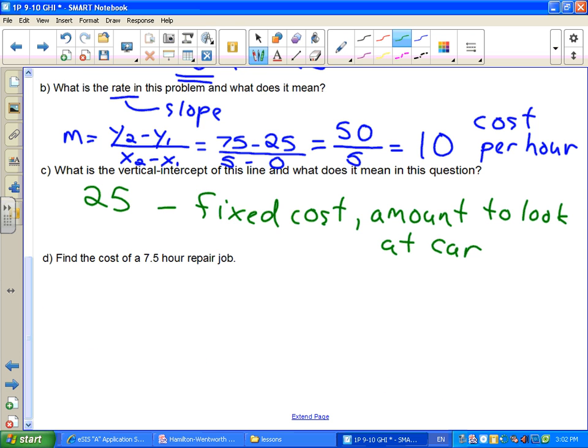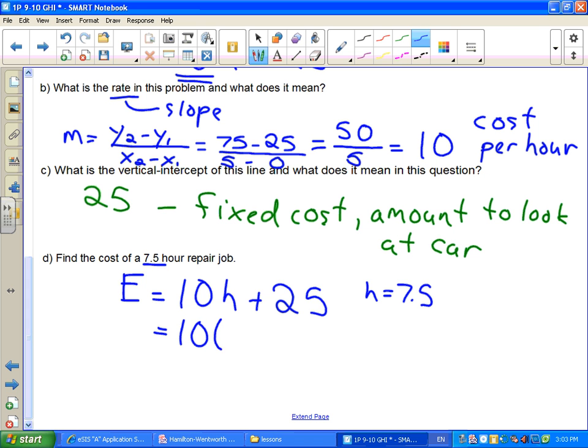So the last question we're asked is to find the cost of a 7.5-hour repair job. Well, we can use our equation to do this. Our equation is E equals 10 times H plus 25. This 7.5 is a number of hours. So hours is 7.5.